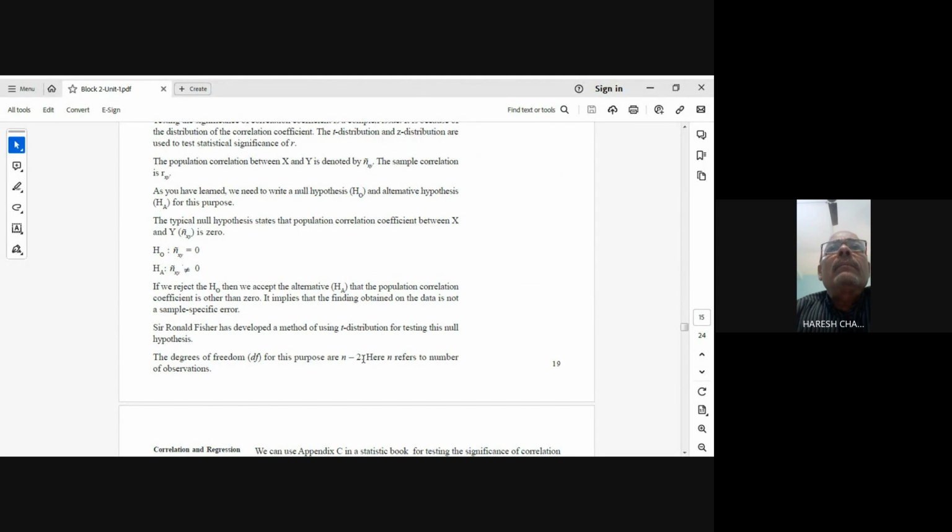Now degrees of freedom: you see your n is 10 and degrees of freedom is n-2, that is 8. You look into the correlation table, the critical value table, with degrees of freedom.